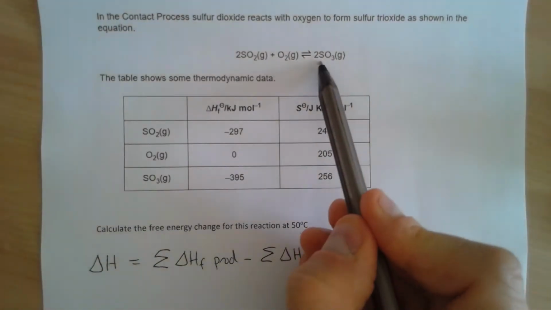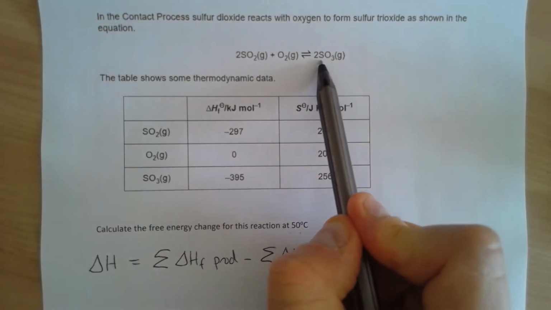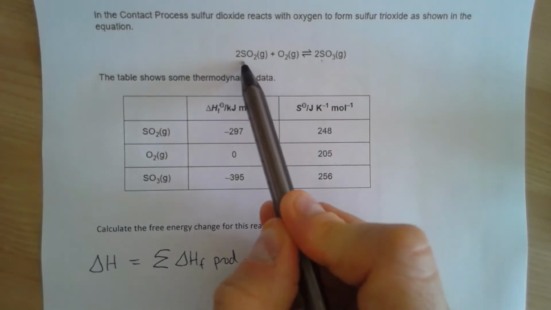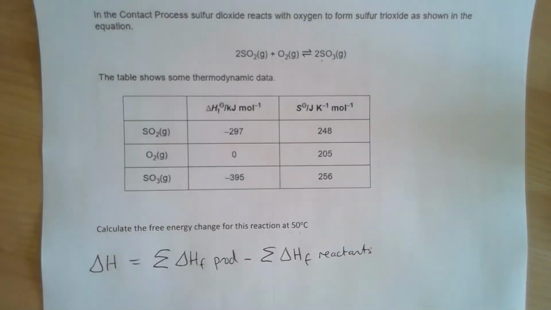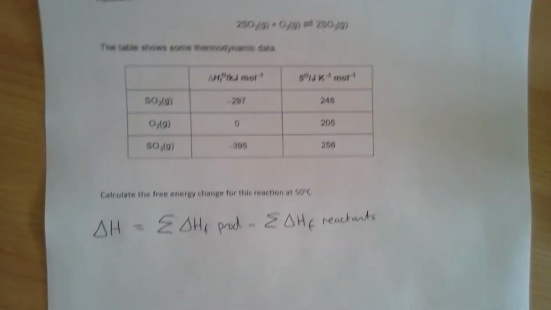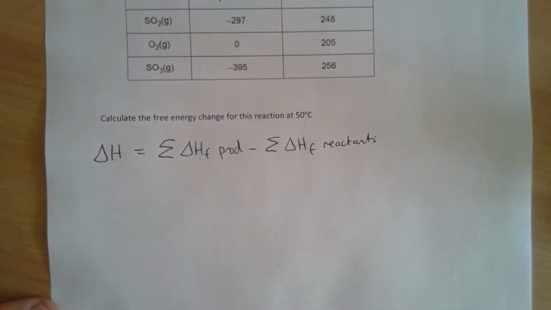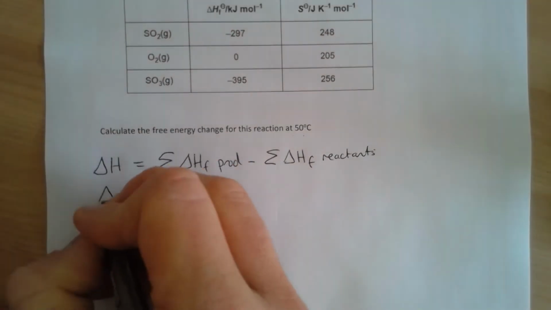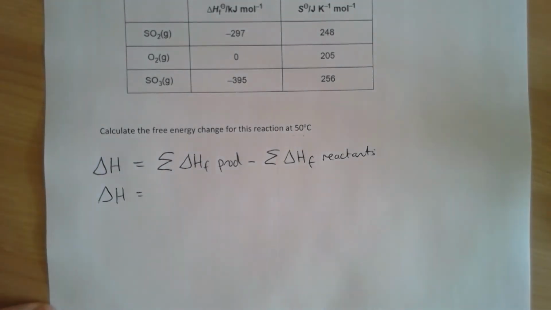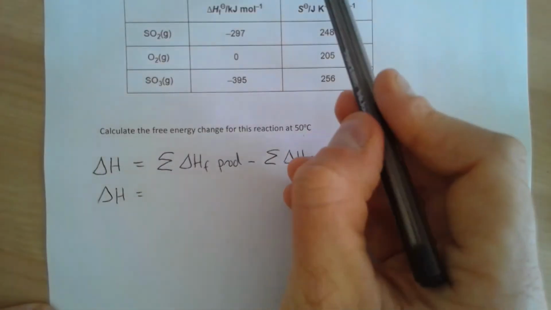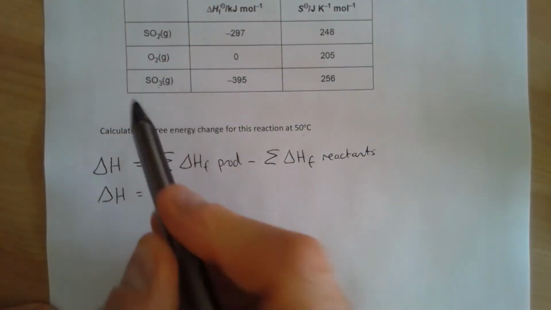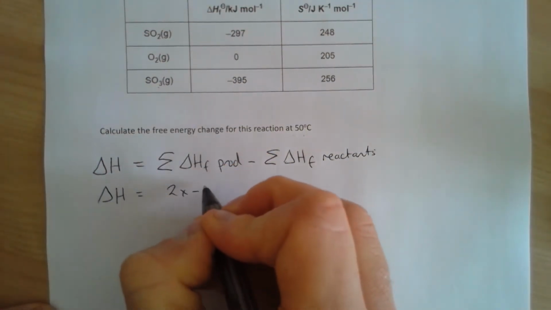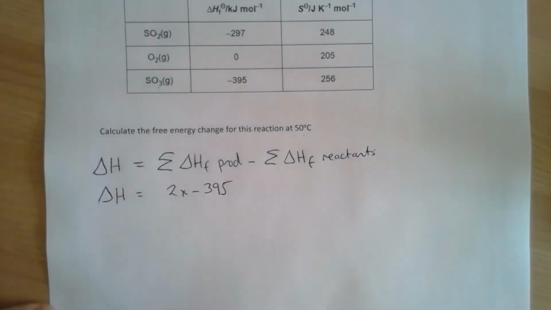The product is 2 molecules of sulfur trioxide. The reactants are 2 moles of sulfur dioxide and 1 mole of oxygen. So let's do this calculation. So delta H is going to be equal to 2 times the enthalpy change of formation of sulfur trioxide, because that was our product. So 2 times minus 395.